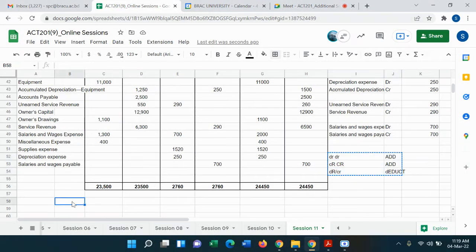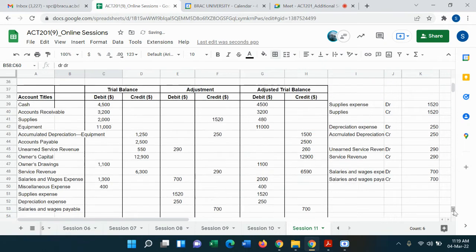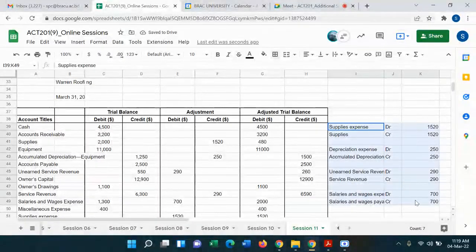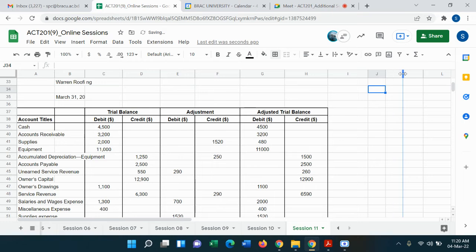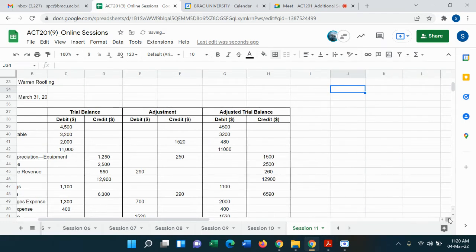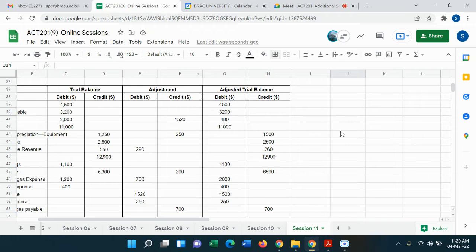Okay. Now, what is the objective of preparing adjusting entry? What is the next step after preparing the adjusted trial balance? So we need to create the income statement and balance sheet. Exactly. Now, here we can also prepare a summarized financial statement.